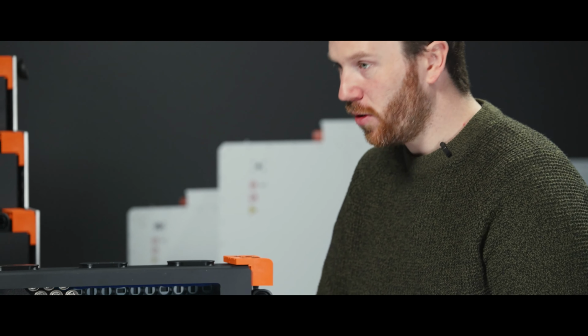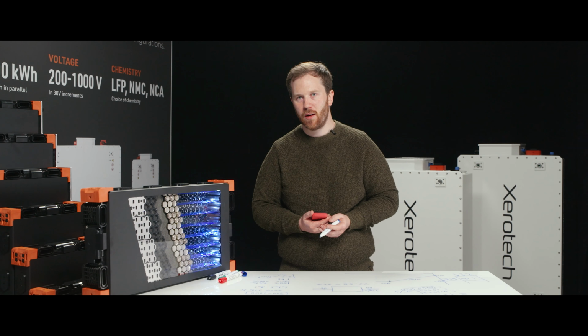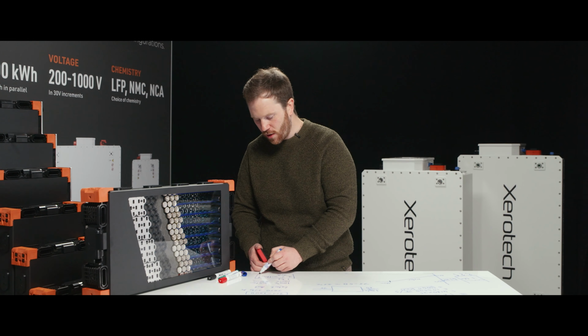For 1 kilogram, it's about 2.2 million joules of energy. And where this becomes practically important is that's why we put out fires with water. It has a huge amount of heat capacity and heat quenching capability for the systems that we use it in today.